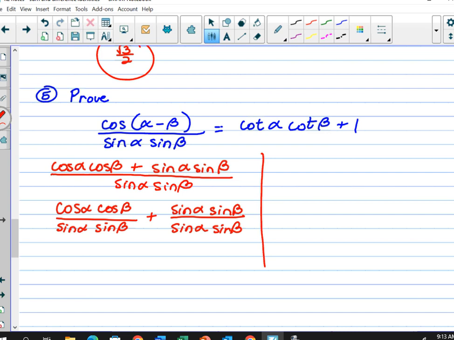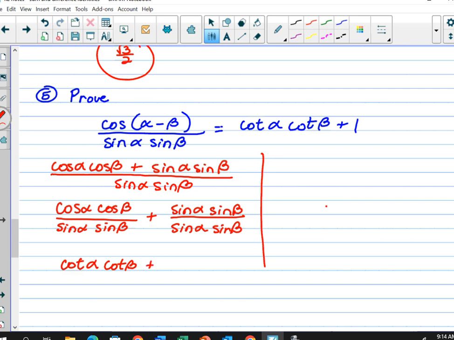Do we see it? So cosine alpha over sine alpha is going to be cotangent alpha. You have to have the same letters too, okay? Alpha over alpha makes alpha. So cotangent alpha. What about cosine beta over sine beta? Cotangent beta. How are you allowed to split it up?